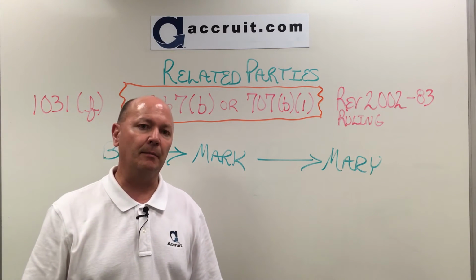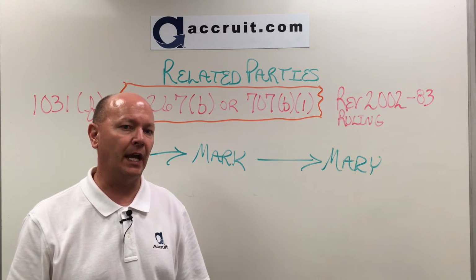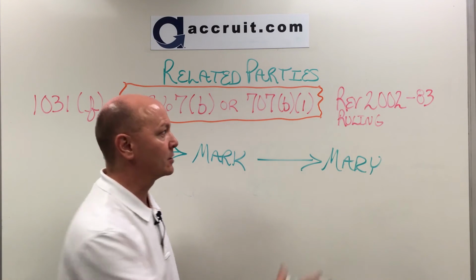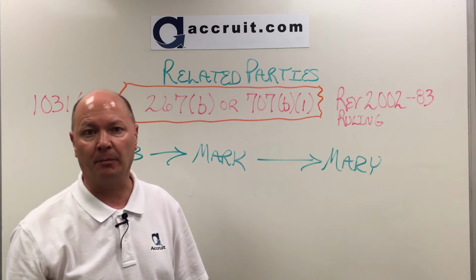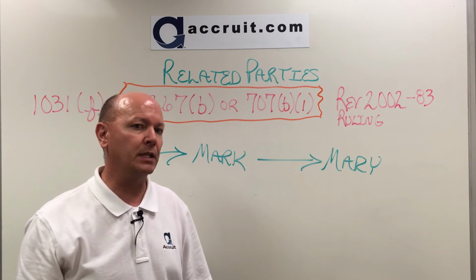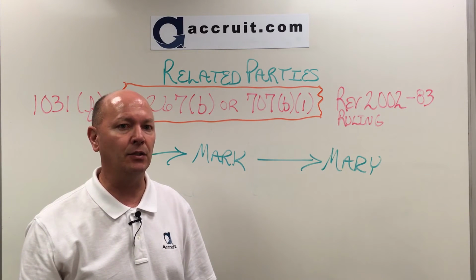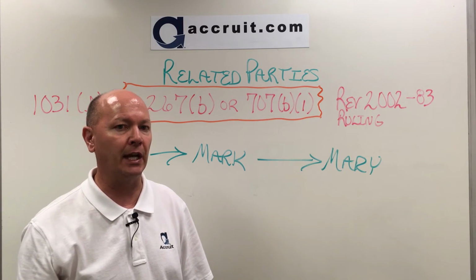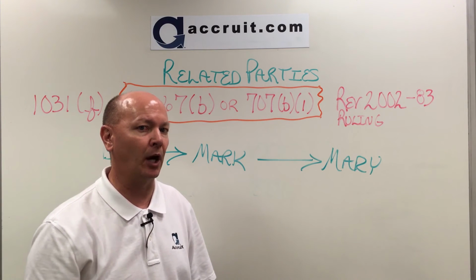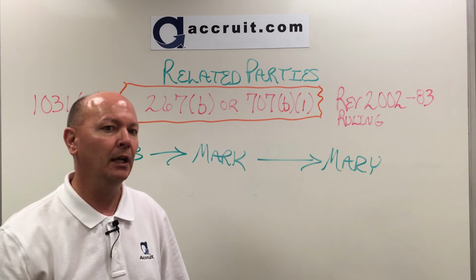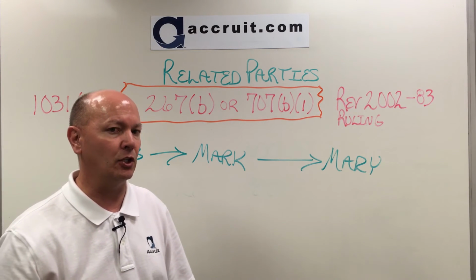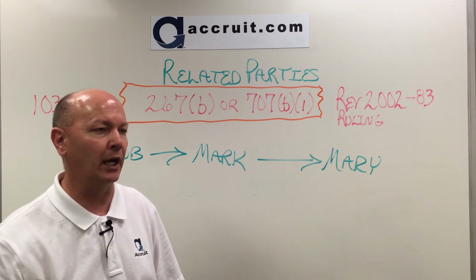So this is something to always go over with your tax advisor and make sure that this revenue ruling does or does not apply to you. But in most cases, not a good idea to complete a 1031 exchange buying a replacement property from a related party. Again, there is an exemption or two that you may be able to rely on.